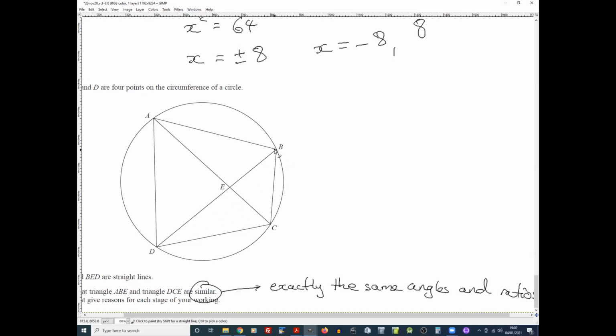Well, it might be that the ratio of this side to that side, so BE to BA, would be equal to what ratio on the other triangle? BE to BA. DE to DC? I don't think so, no. I doubt it.